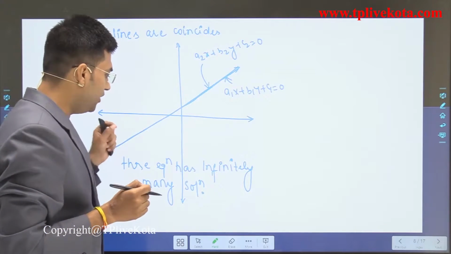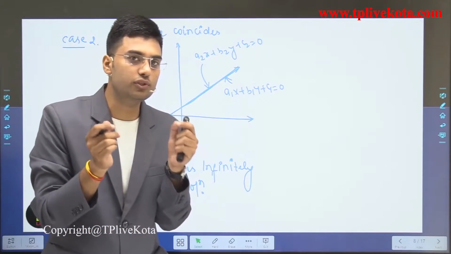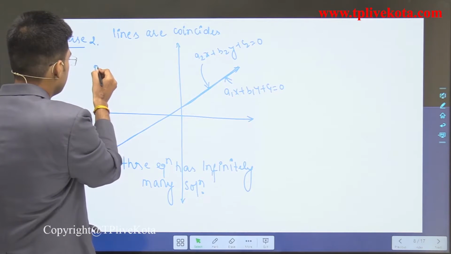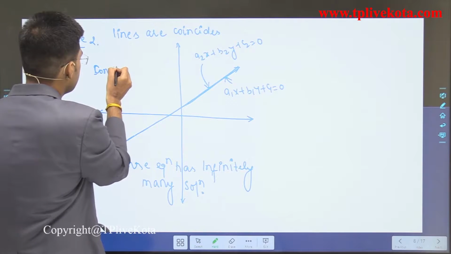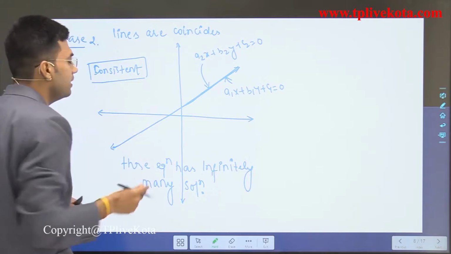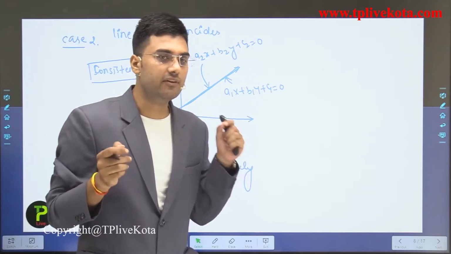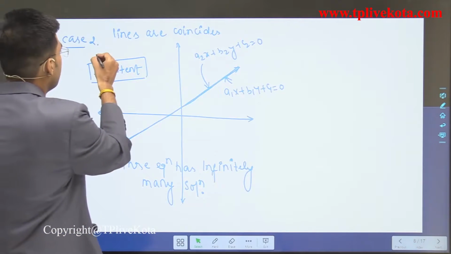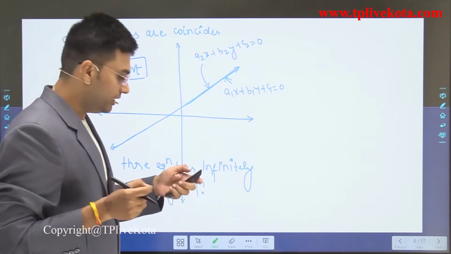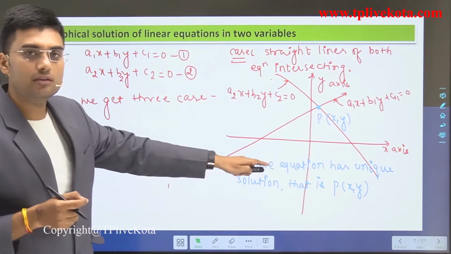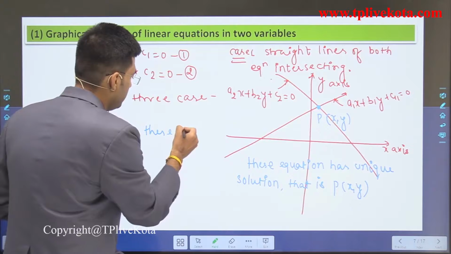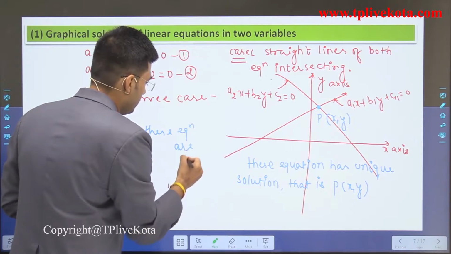And students, if we can find the solution of equations, then we can say that it is consistent. So in the previous case we also found the solution, so we can say that those equations are consistent.